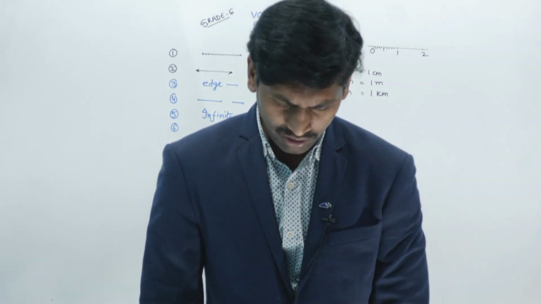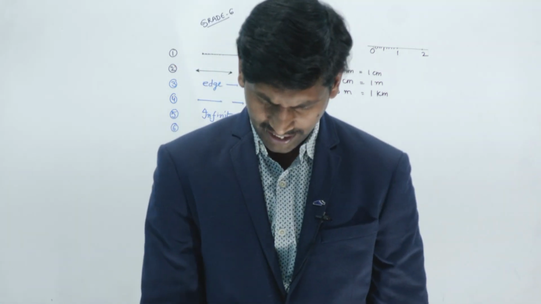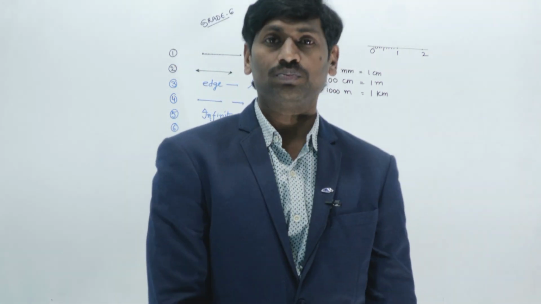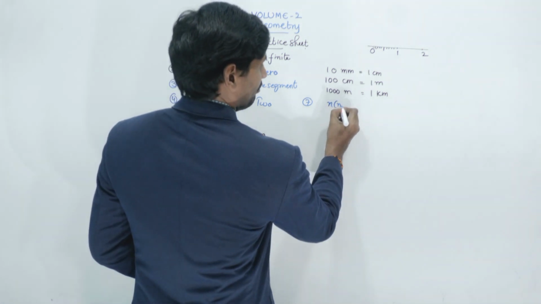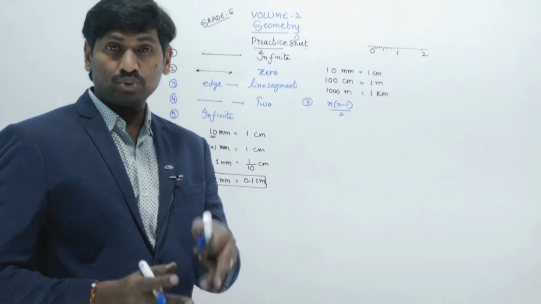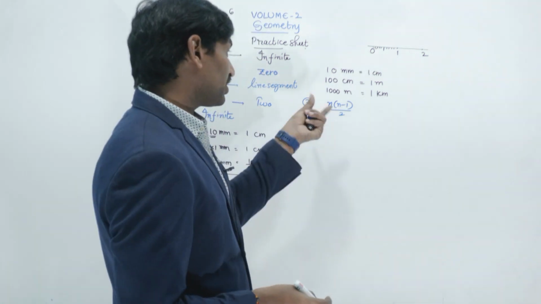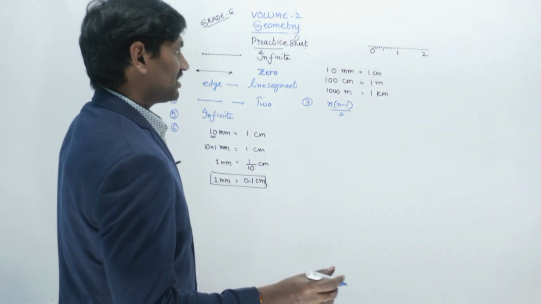The number of line segments that can be drawn through n non-collinear points is n into n minus 1 by 2. Let us try.